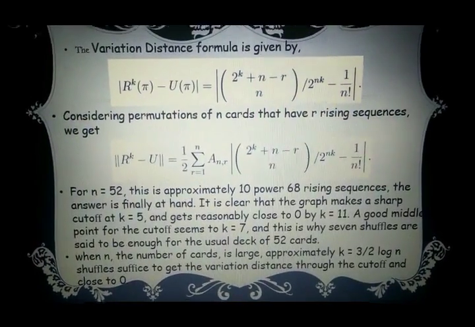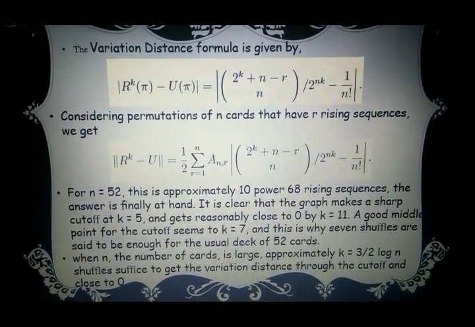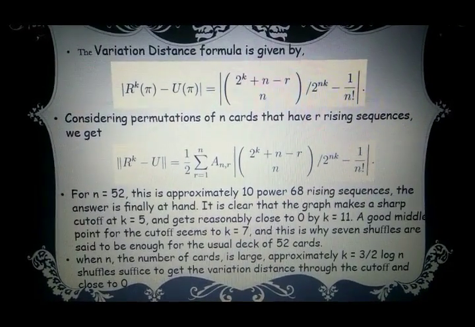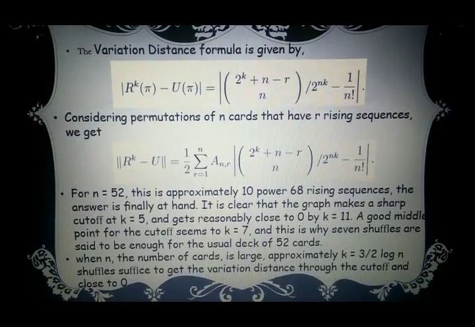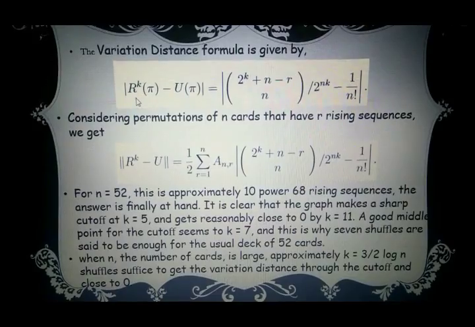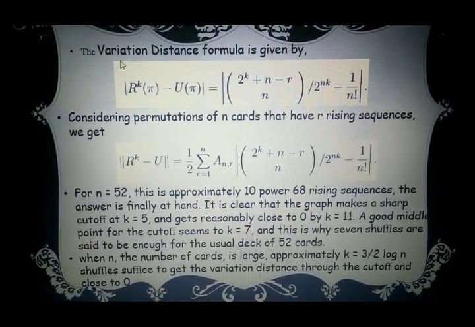Here A refers to the number of shuffles and N is the deck of cards. Coming to the variation distance, previously we have discussed how it can be useful to find how close the shuffled deck of cards is to randomness. As we see here, we are finding the difference between two probability densities.